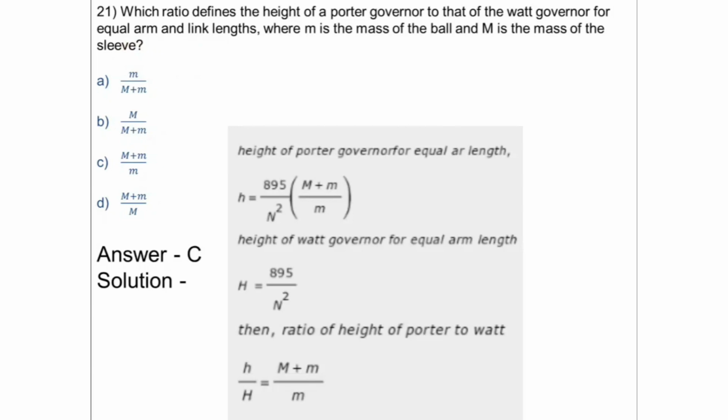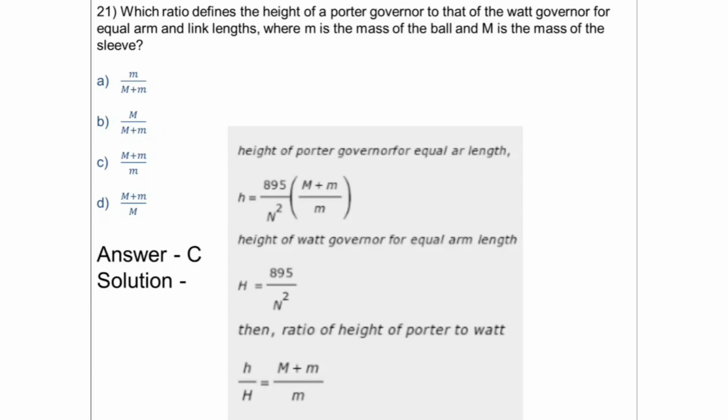For that, the required expression you will get for height of a Porter governor for equal length is nothing but 895 by n square into bracket (capital M plus small m) divided by small m. Small m is the mass of the ball and capital M is the mass of the sleeve.